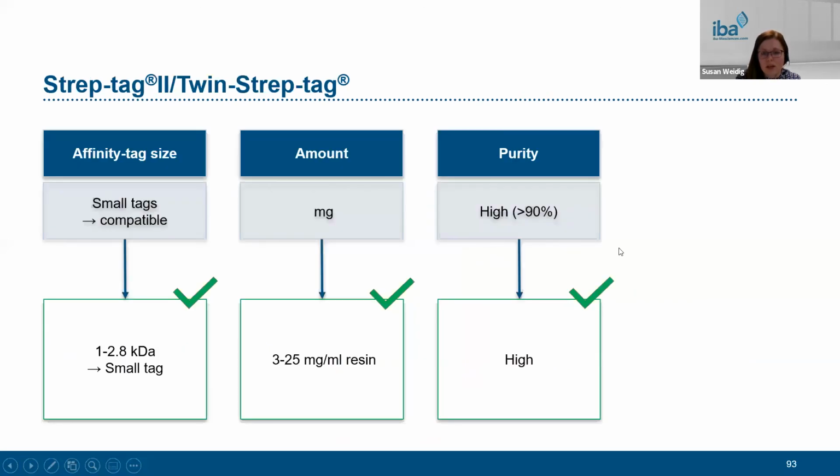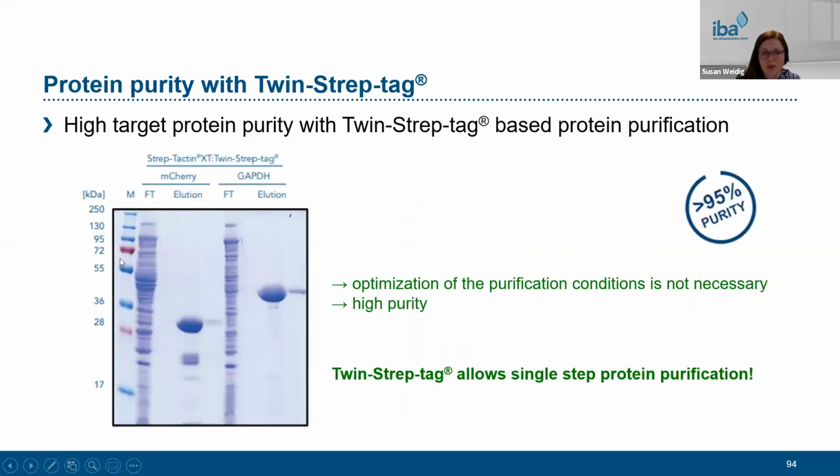And the purity, a further requirement for protein for structural analysis, is really high with the twin strep tag and the strep tag 2. Here you can see the proteins from before, M-cherry and GAPDH, and both are tagged with the twin strep tag and purified with the Streptactin XT resin. You can see the flow through and 3 elution fractions.